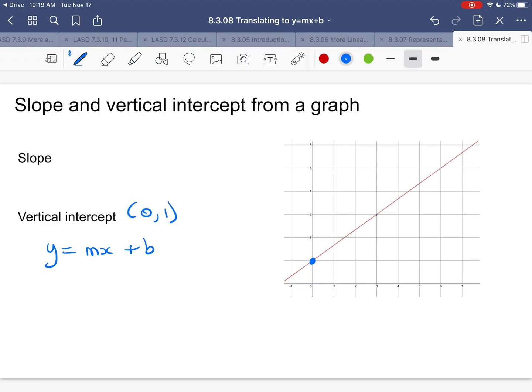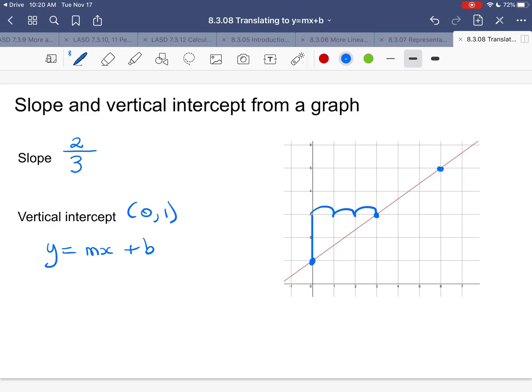And the slope we can get by picking the next point that we can clearly see on the line, and we will just start at the y-intercept and rise 2 and run 3. So the vertical change is 2, the horizontal change is 3.